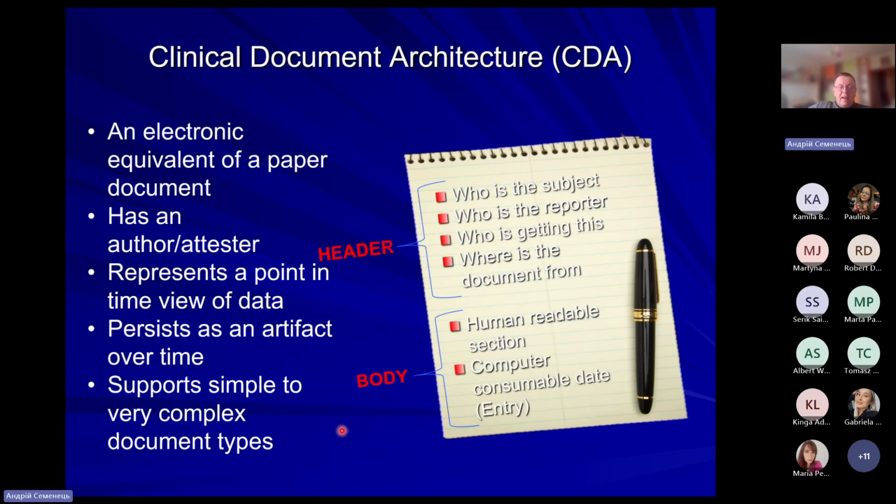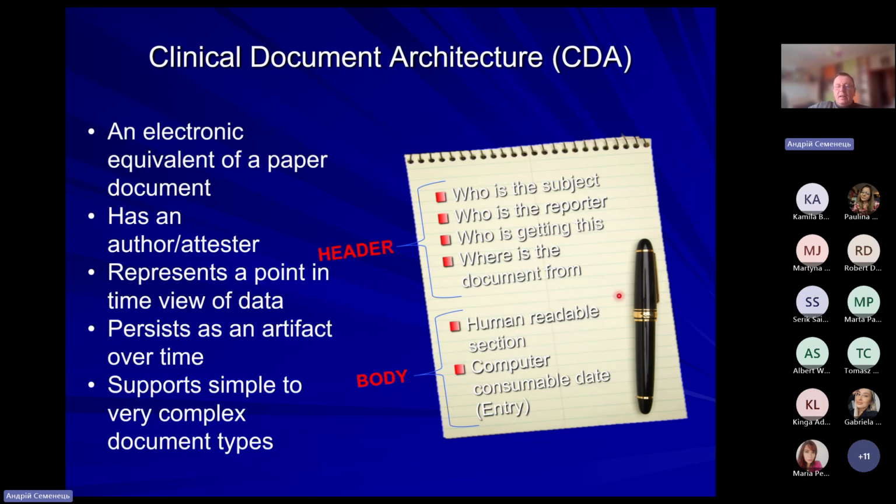All modern concepts of HL7 standards are based on the so-called clinical document architecture, or CDA, which is the electronic equivalent of paper documents and contains two general major parts.